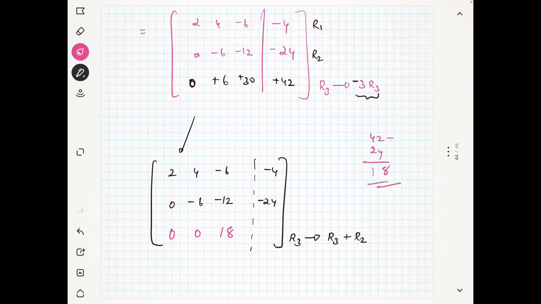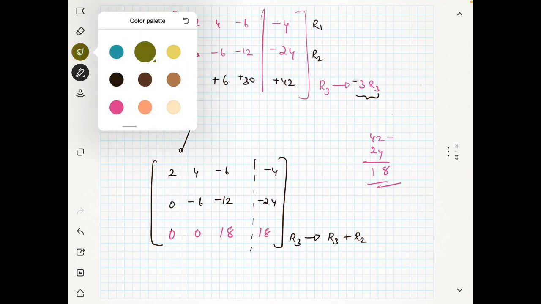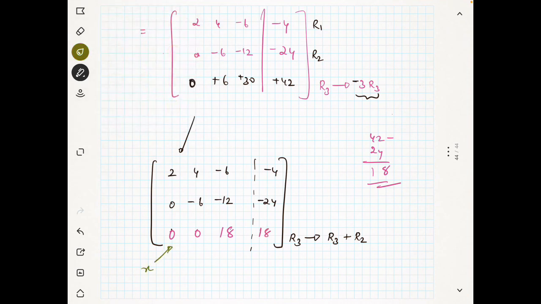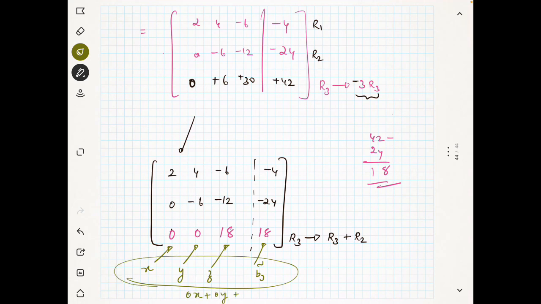I told you this is the coefficient for x, this is the coefficient for y, this is the coefficient for z, and this is your last column. So this equation you can write as 0x plus 0y plus 18z is equal to 18. There is no coefficient related to x and y.